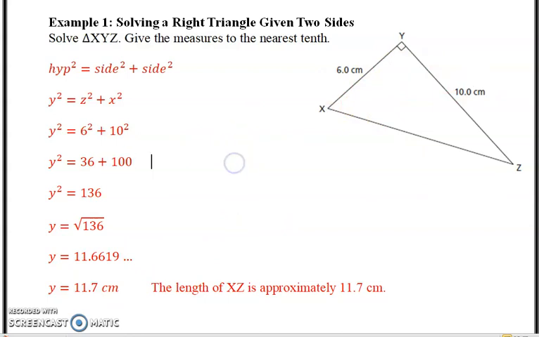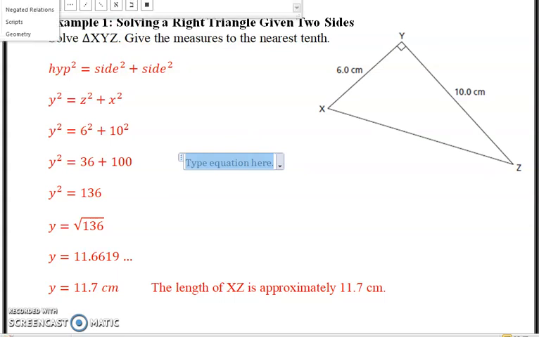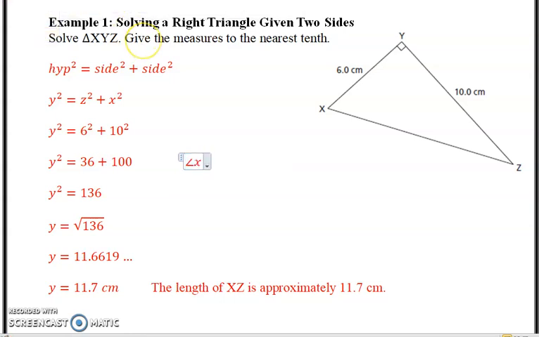So the first one I'm going to find is angle x. Angle x, remember it's capital, is equal to question mark, right?